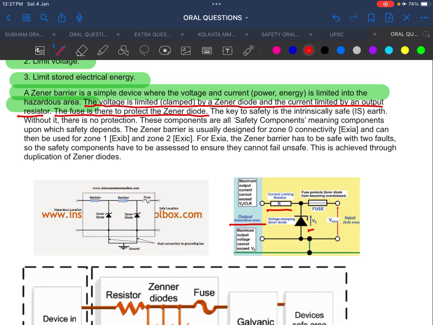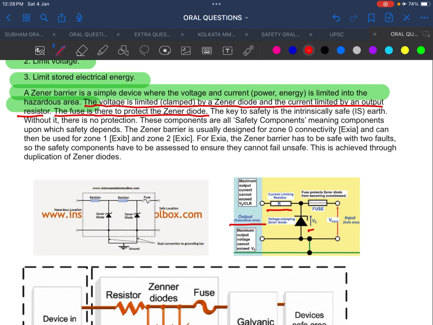So we have to protect the Zener diode also. If the voltage exceeds the limit that the Zener diode can support, the fuse protection comes in, and this fuse will protect the Zener diode and our circuit will be safe. It can also trigger the alarm, so the person knows something has happened, we have to check it, and after that we can rectify the problem.